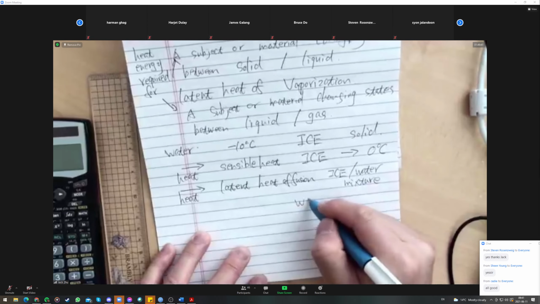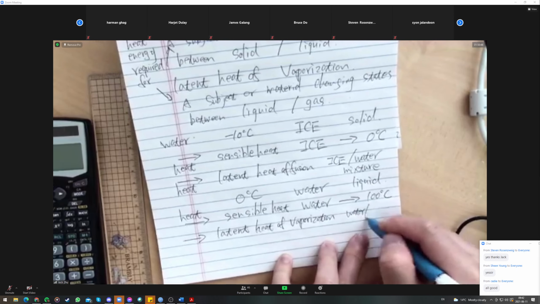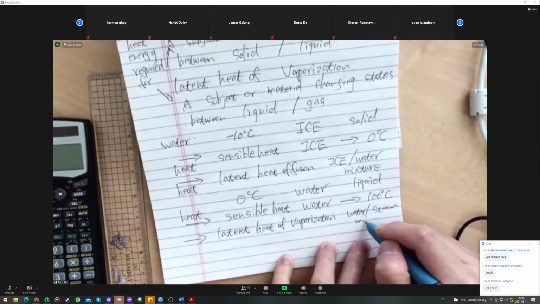Once the water reaches 100 degrees, it starts to evaporate. Now the heat becomes the latent heat of vaporization, which makes it a water and steam mixture.